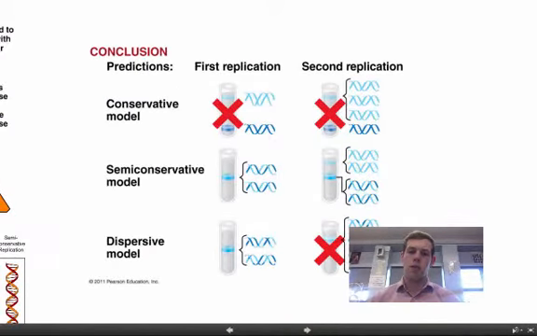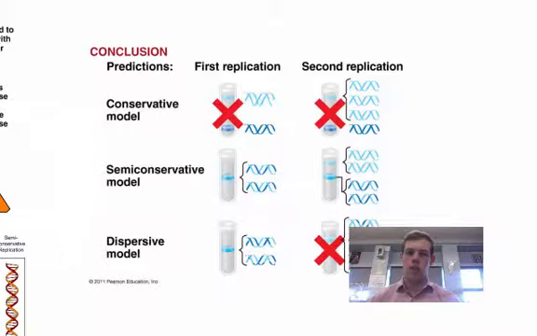Their conclusion was that it wasn't a conservative model, because then you would expect two separate bands, one at 14 and one at 15, and over time we didn't see that. If it was dispersive, you'd see everything at 14.5, because you're just dividing it up into chunks, and in subsequent generations you'd see more and more of that 14.5. That's not what they saw.